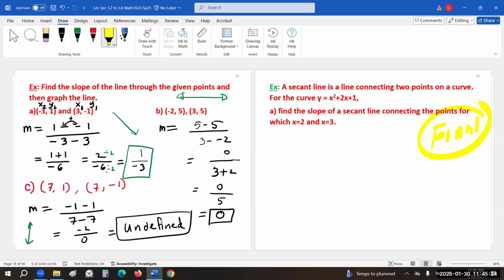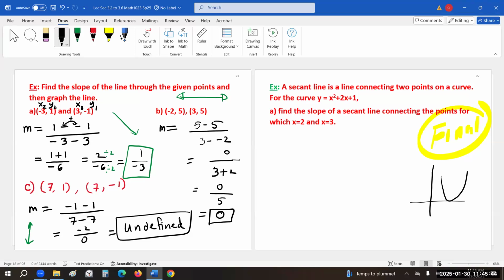It says a secant line is a line that connects 2 points on a curve. And now let's say you have a curve, something like this.